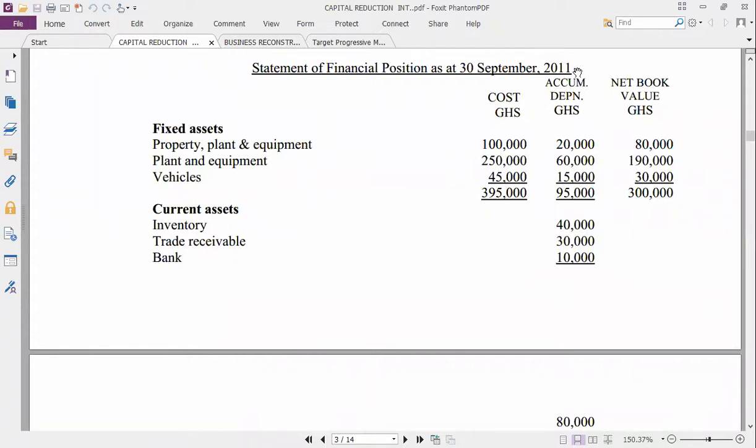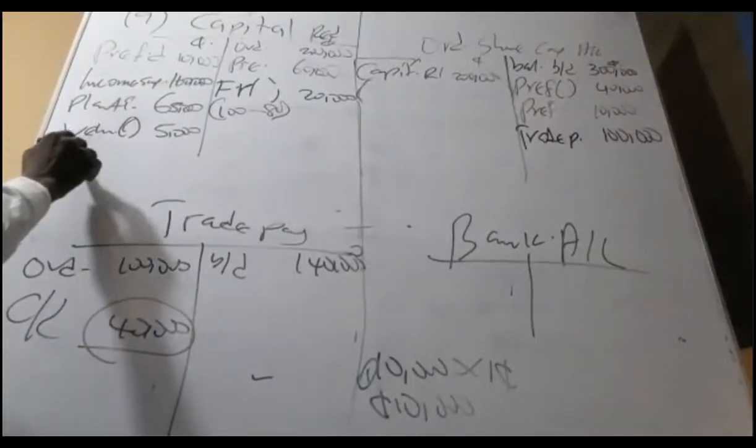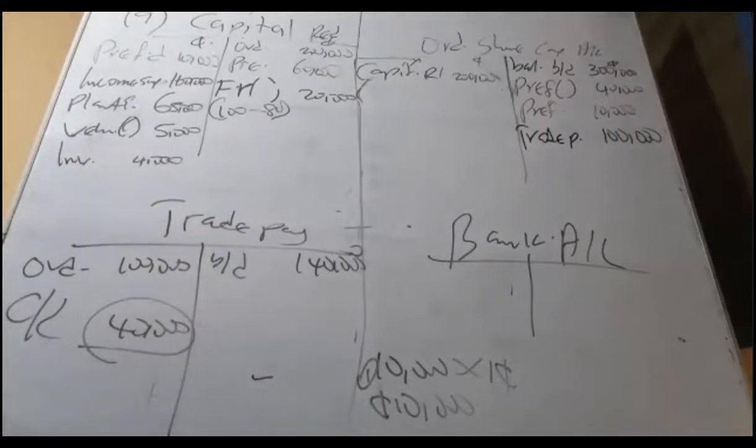So there's a loss of 4,000. Good. A loss of 4,000. So inventory. Then you move on to the next one.